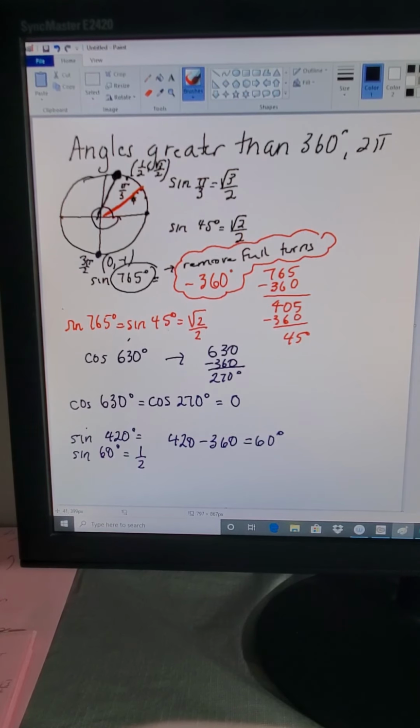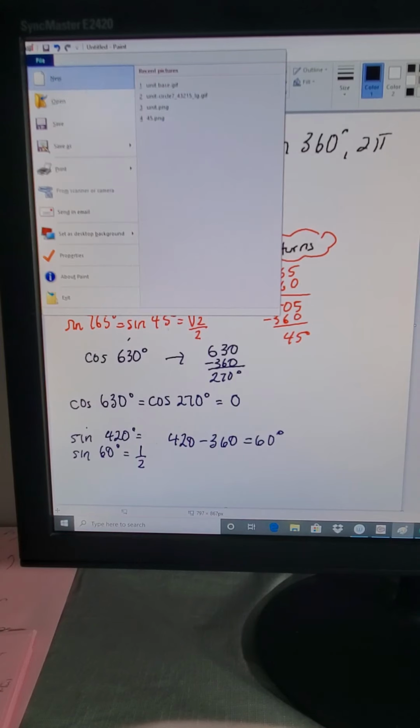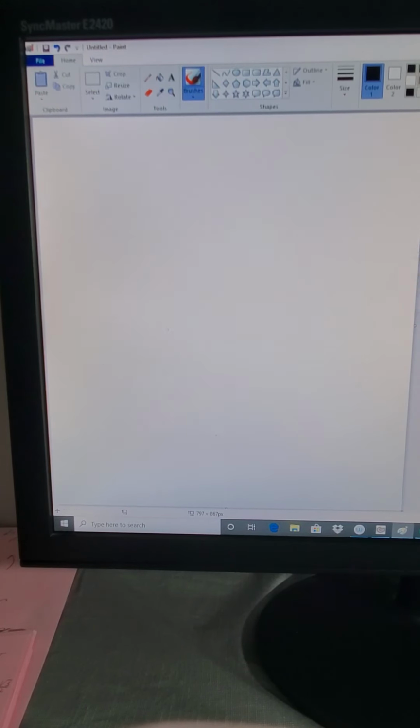Now, let me quickly do radians, which is a little bit different. What about a radian angle that is greater than 2 pi? For example, the sine of 11 pi over 3. What is that equal to? The trick is, if the denominator is 3, anything greater than 6 is a full turn.